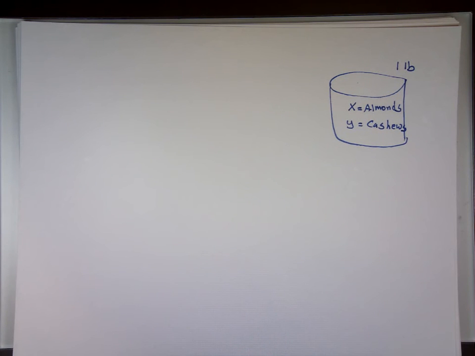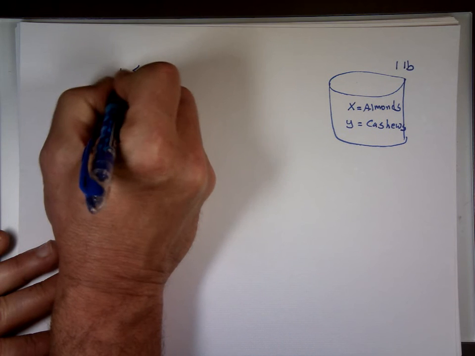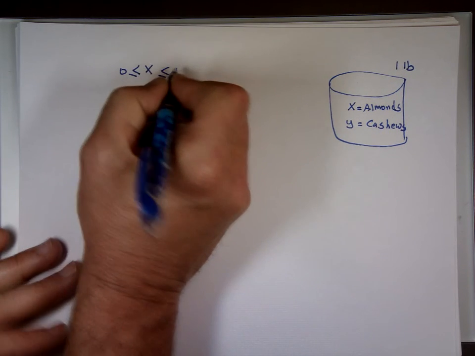They mix the nuts together and they put them in the can. Just thinking about that, it is possible a can might squeak by that has all almonds. Just almonds. Right? So we know X could be between 0 and 1. Not a single cashew in that can.